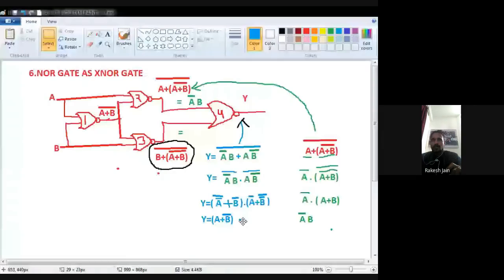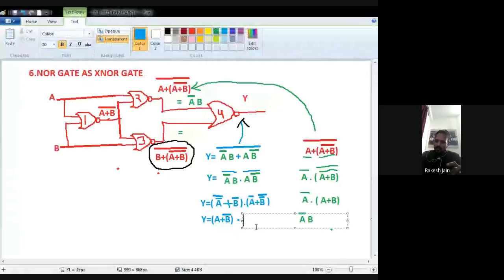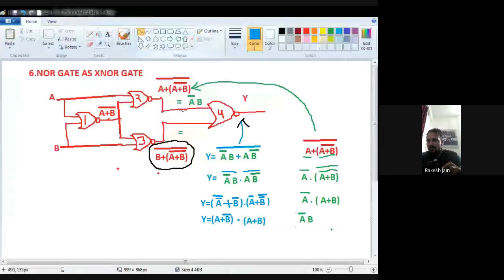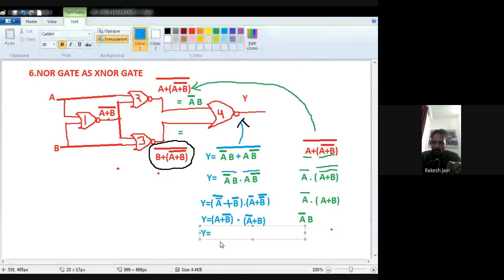So first A bar to bar will be cancelled out and it will be A, and second plus B bar, plus B having a bar as it is, so B bar, then dot will be there as it is, then A bar plus, bar to bar of B is cancelled out.